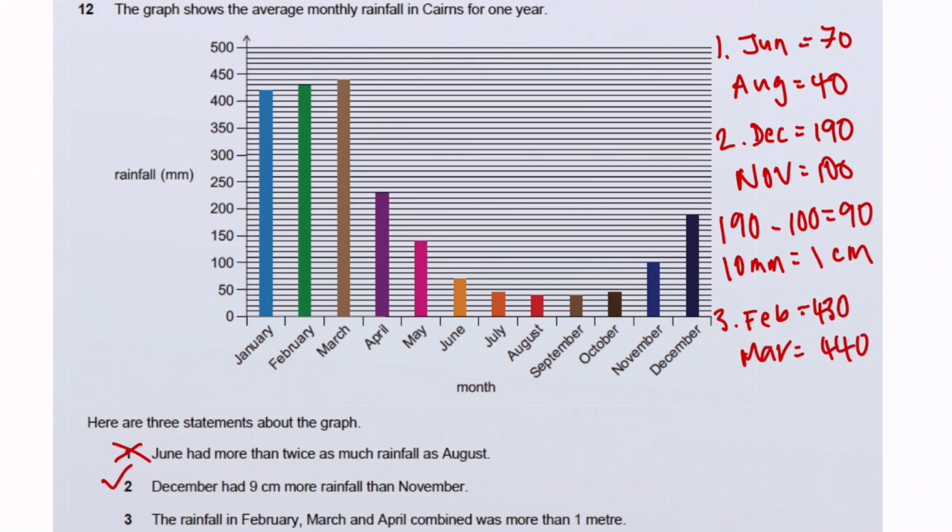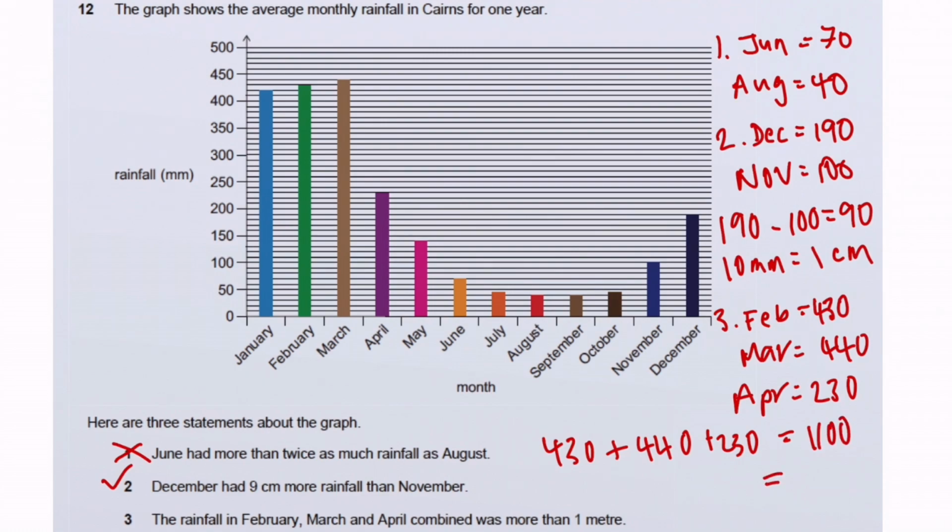And then lastly, for April, when we line it up, it's 230. And so we add all of them together, and we should get 1,100, which is equal to 1.1 meters, which is greater than 1 meter. So statement 3 is also correct.